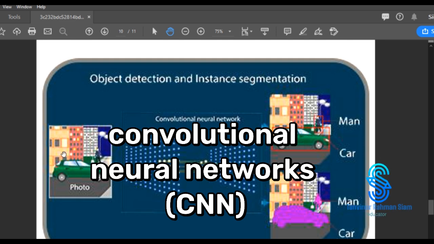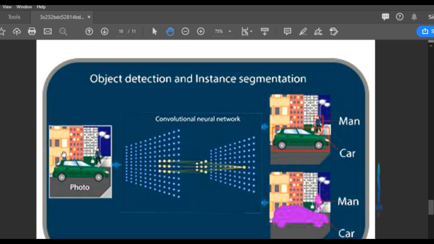It will play a significant role in enhancing navigation and driver safety through various applications in digital image processing. First of all, the component will be object detection. What will it do? It will detect and classify objects in the vehicle's environment.